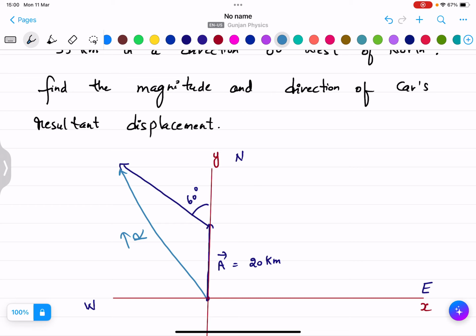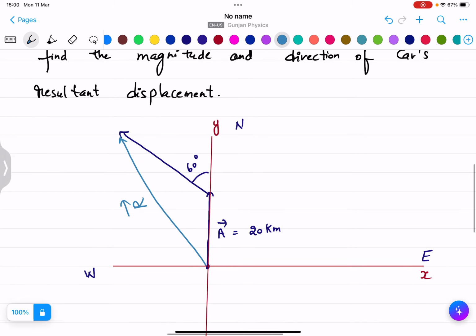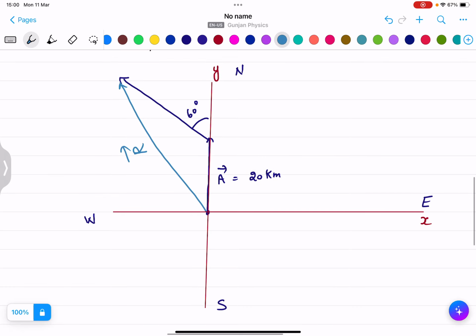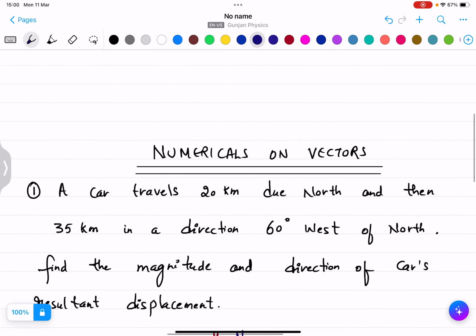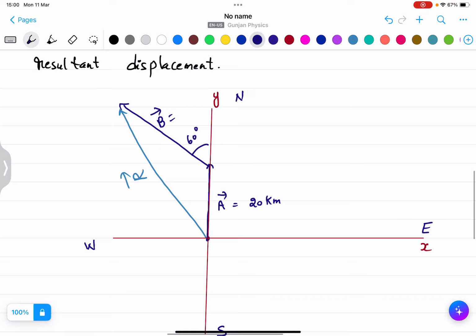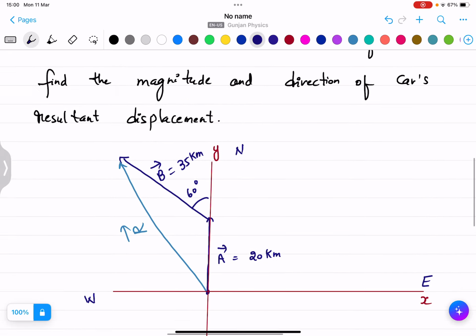That is the part which I will explain later. This is my B vector, which is equal to 35 kilometers.